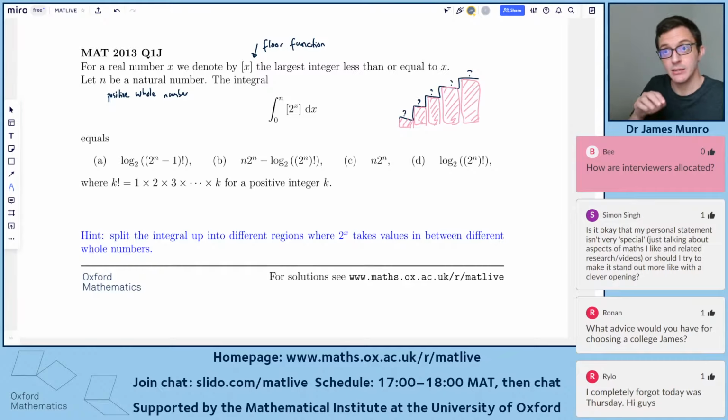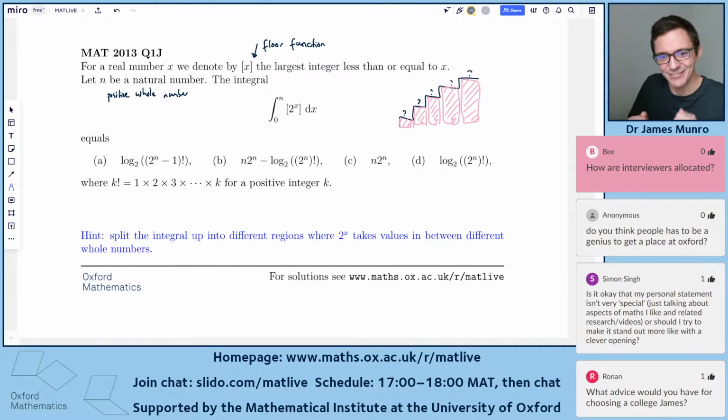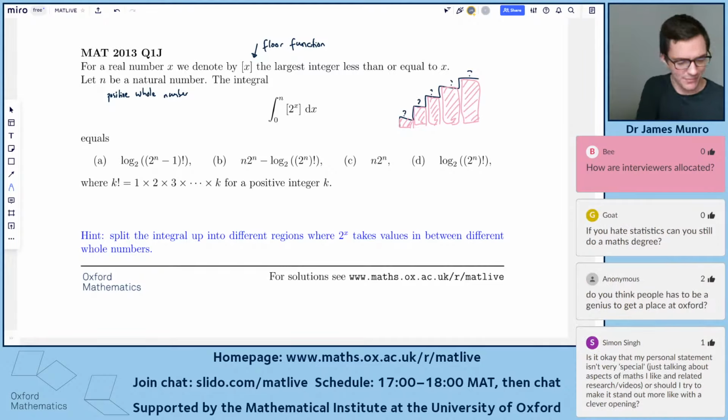Those might be lecturers or tutors or teaching staff at the college, or graduate students who've had some training, or sometimes a combination, usually a graduate student and a tutor, or maybe two tutors. They work together with other interviewers from that college to think about the questions they're going to ask, and interview people assigned from the pool they've shortlisted for that college. And similarly with the people they're interviewing as second college candidates. Right, cool. I went into slightly too much detail there, which is normal for this stream.